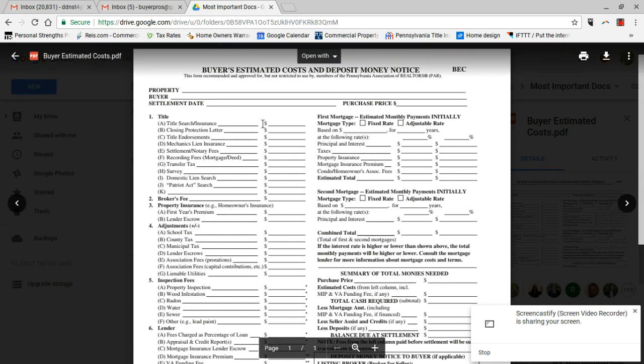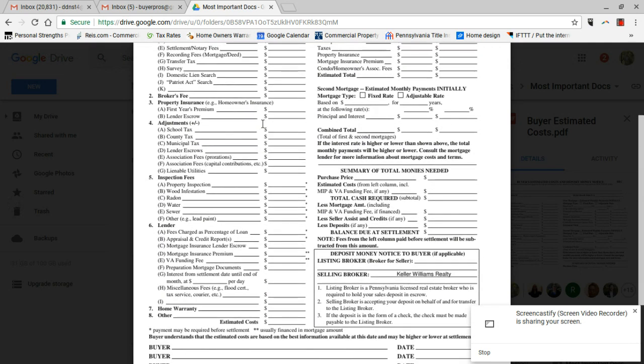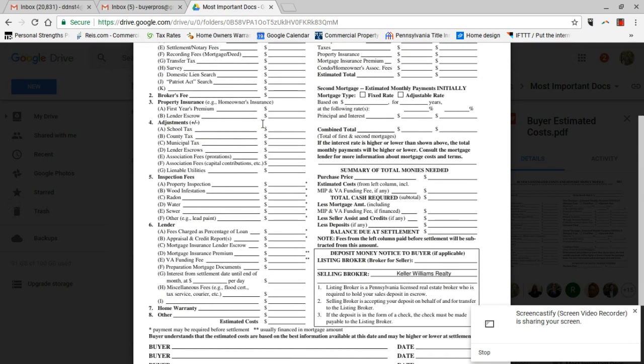So make sure that this is filled out. Worst case scenario, give them a higher estimate than it's going to be. You don't want to give them a crazy high estimate, but a high estimate is better than a low estimate. I do it on my seller cost sheets as well. I'll do a higher estimate. Alvarado, that we're closing tomorrow, is walking away with $1,500 more than I estimated. Does that make him happy?